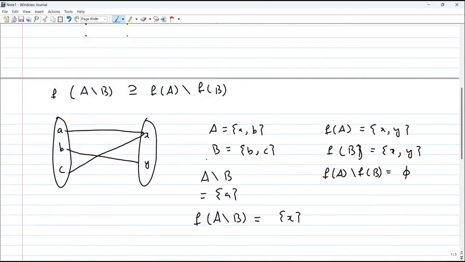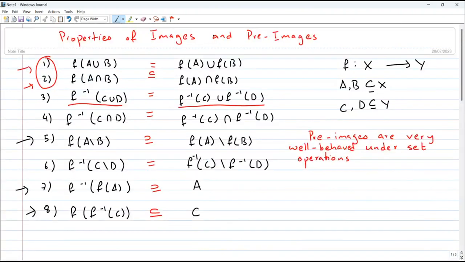I will just go back and make one more remark. If f is surjective, so being surjective means every element in Y is hit by some element in X. It's like onto or surjective.